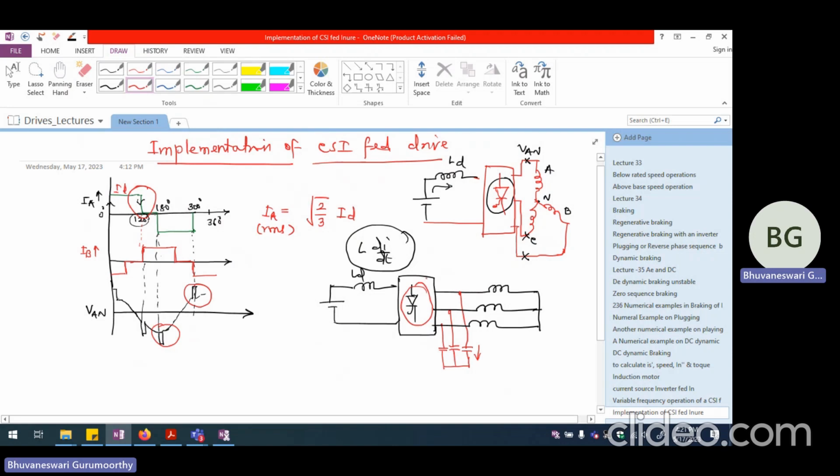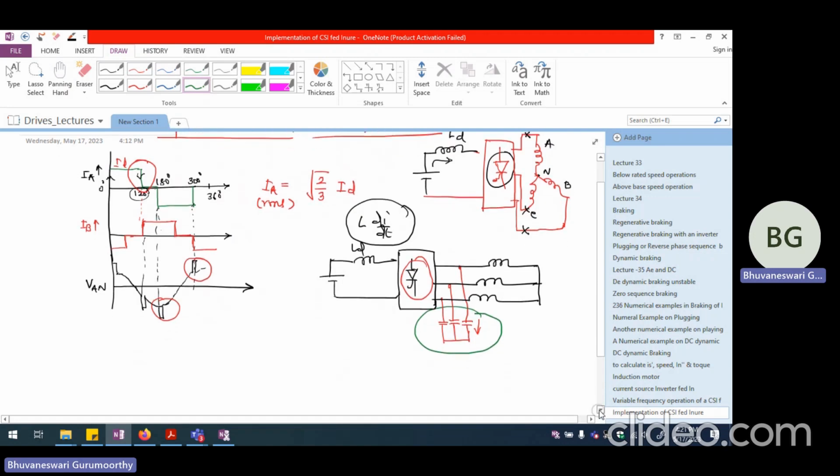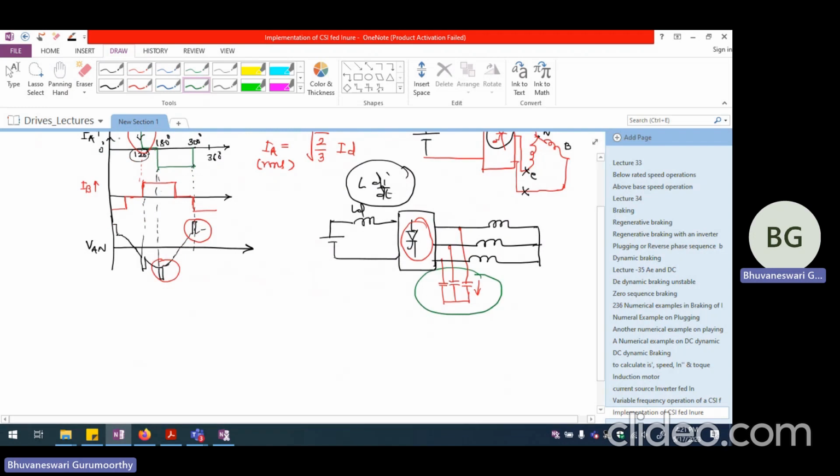So to nullify those effects, we might have to include capacitors like this so that the overall power factor of the induction motor also improves. And we are going to ensure that an alternate path is provided for the phase current to flow, so that abrupt changes in phase currents are not visible.